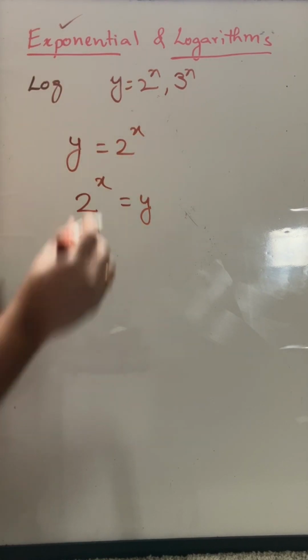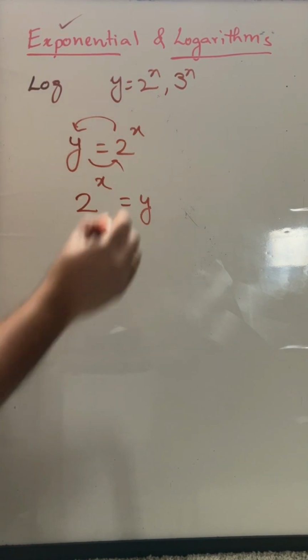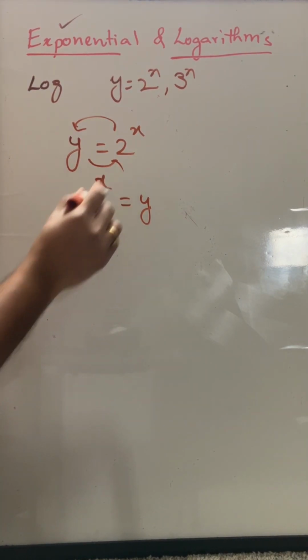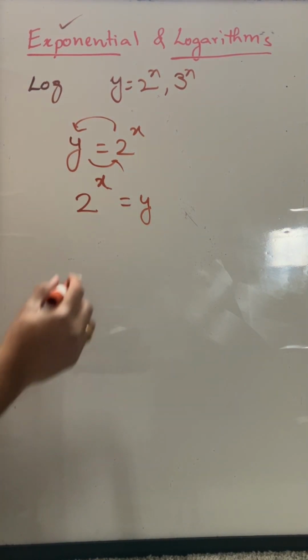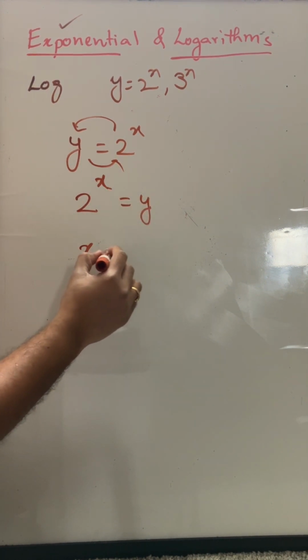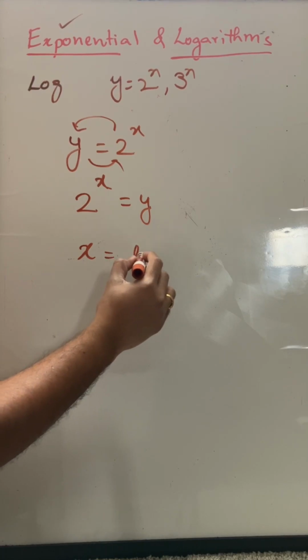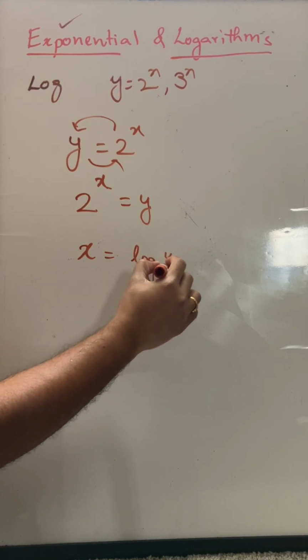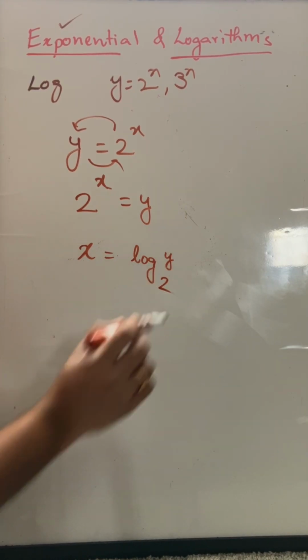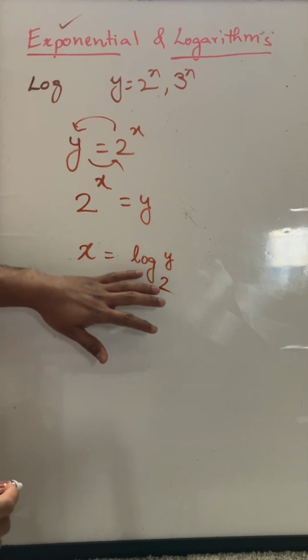So 2 power x equal to y. Here x is at the power position, and when the 2 goes on the other side, we write it like log y base 2. This is how we denote it.